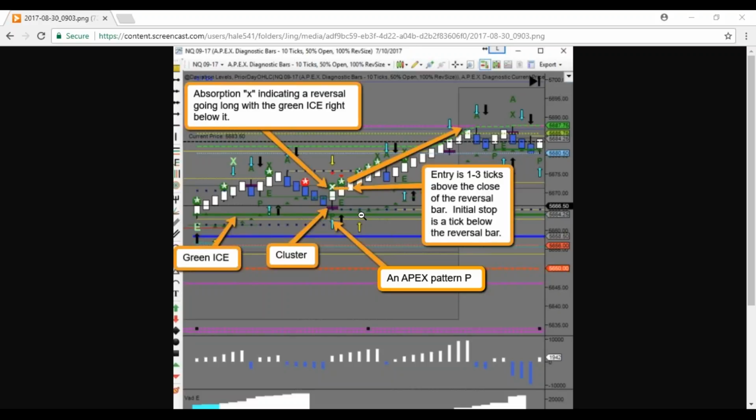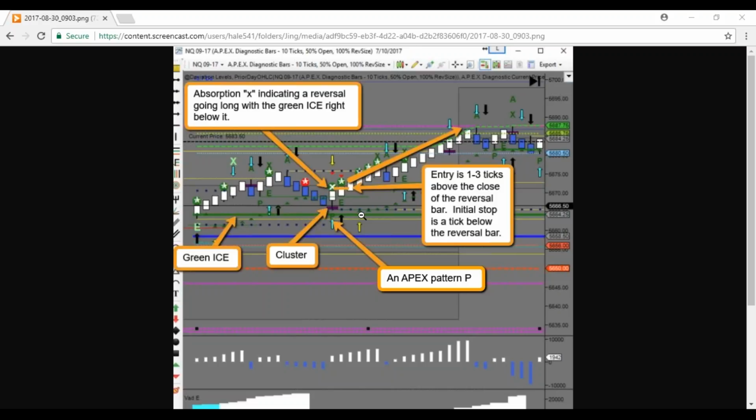Oh man, I missed that trade. I just stepped back to my desk and I missed it. What do you have on the bar right after it? The E bar, which with the apex pattern system is the actual bar we enter after anyway, right?